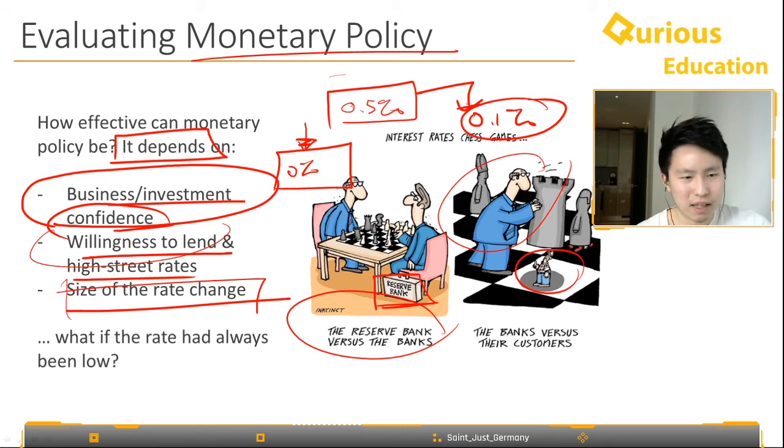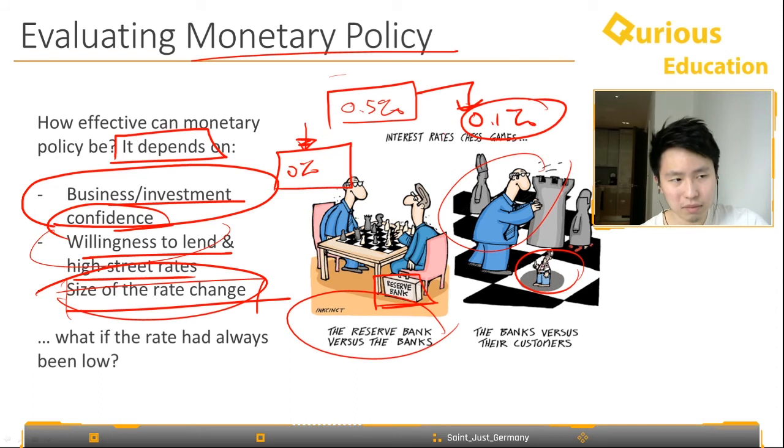So the size of the rate change is not sufficient to actually stimulate demand in the economy. Therefore, one of the opportunity costs or problems of using monetary policy is that it might affect your future ability to decrease the interest rate.